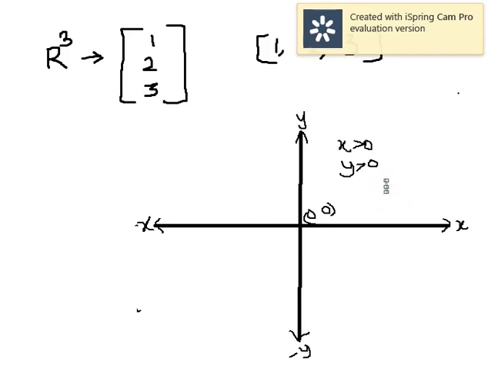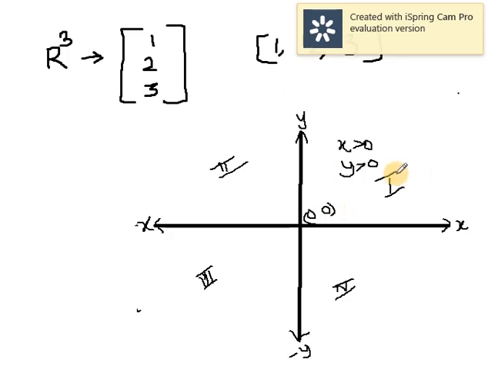We are all familiar with these properties. In the first quadrant both x and y are positive. In the second quadrant, x is negative and y is positive. In the third quadrant, both are negative. And in the fourth quadrant, x is positive and y is negative. And R2 is a vector space.